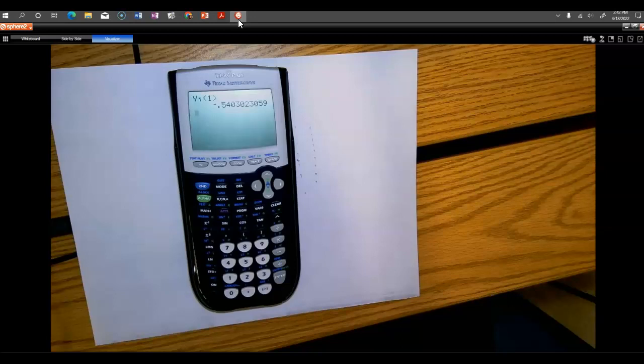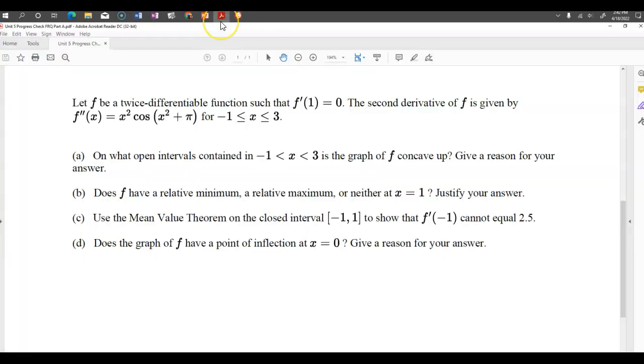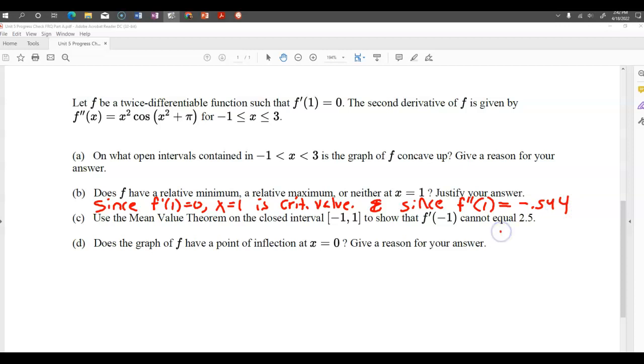I get negative 0.541 there. Negative 0.541. That means that f has a relative max at x equals 1.